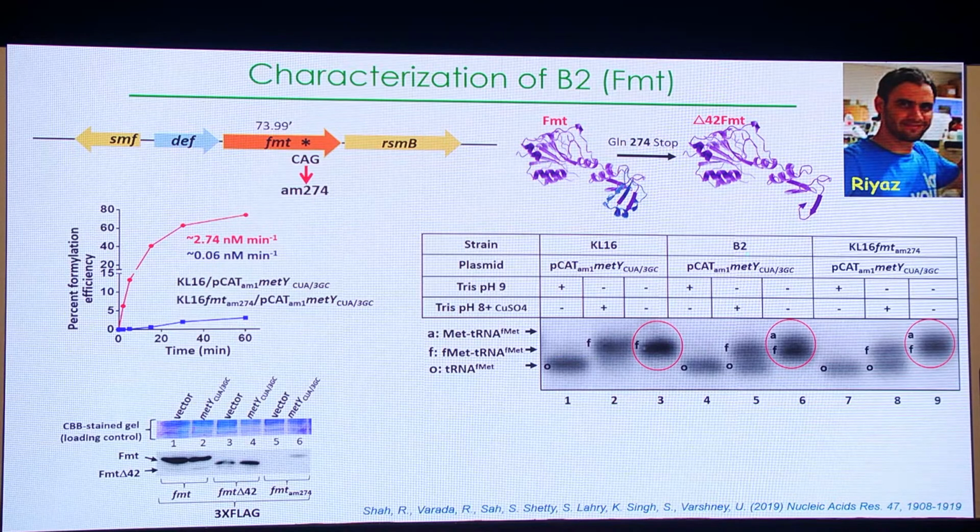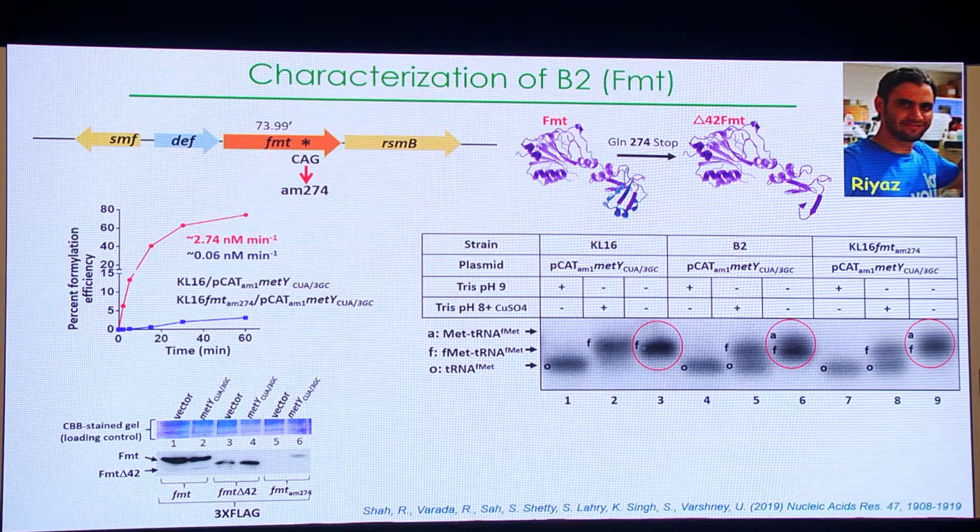In B2 suppressor directly, you will see yet another band which corresponds to the aminoacylated form, and that aminoacylated form will disappear when you treat with copper sulfate. You see that it is deacylated, but the formylated species remains there. And in a strain where we ourselves generated the AMBA 274 mutation in the genome, there also you find that there is partly aminoacylated tRNA present.